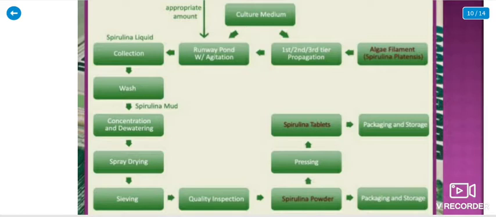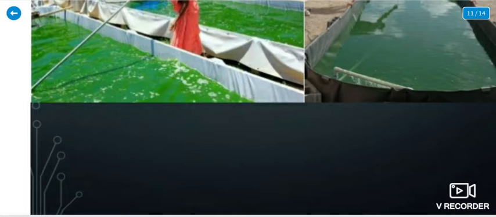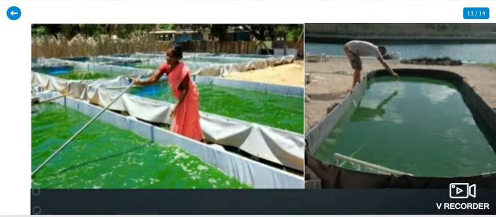Finally, algae filament spirulina is a plant very rich in protein. This is the flow chart of the method, and these are the mass culture techniques, as the picture shows. If you have a lake or pond, it is easily grown and cultivated.